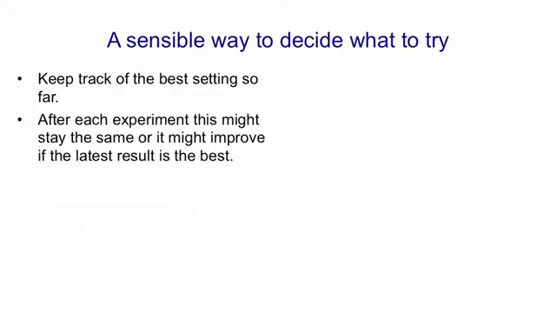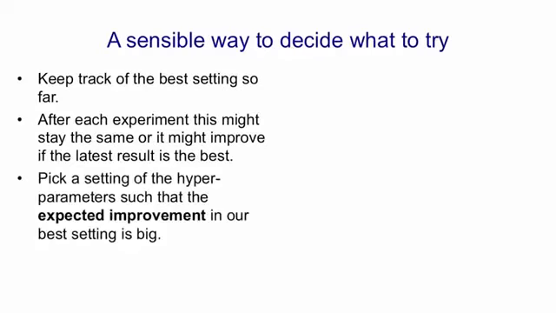Since we're going to substitute the results of the new experiment if it's better than anything we've seen so far, our best setting so far can only improve. So here's a good strategy for what setting of the hyperparameters to try next. We pick a setting of the hyperparameters such that the expected improvement in our best setting is big.